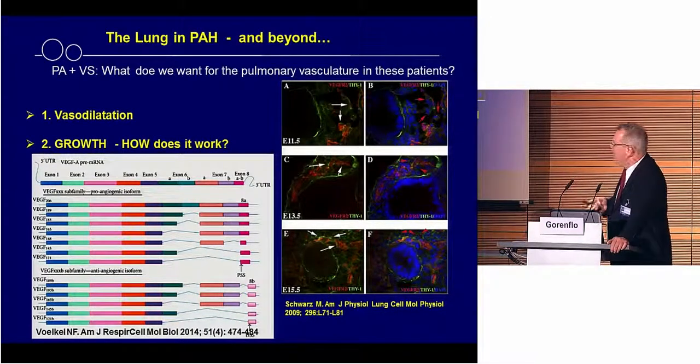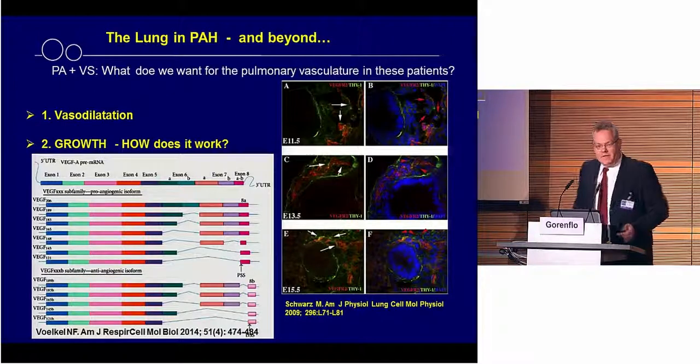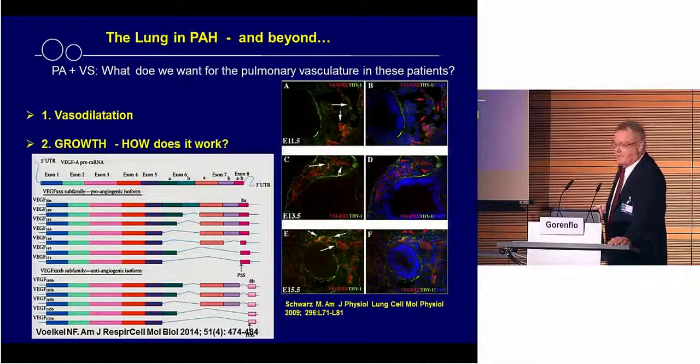But in the same way, we know from a very good paper from Norbert Völkel that different splicing from the same pre-mRNA will lead to totally different gene products, and some of them are anti-angiogenic even, and some of them are pro-angiogenic. So at the end, we know very little about these things.